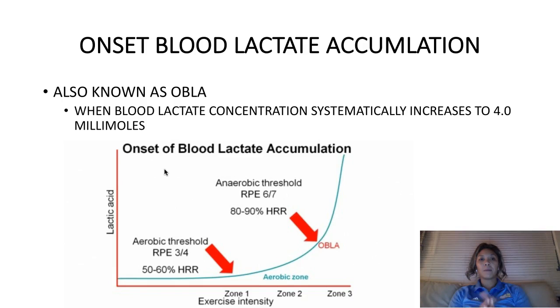When I talk about onset of blood lactate accumulation, also known as OBLA, it's when our blood lactate concentration reaches 4.0 millimoles.